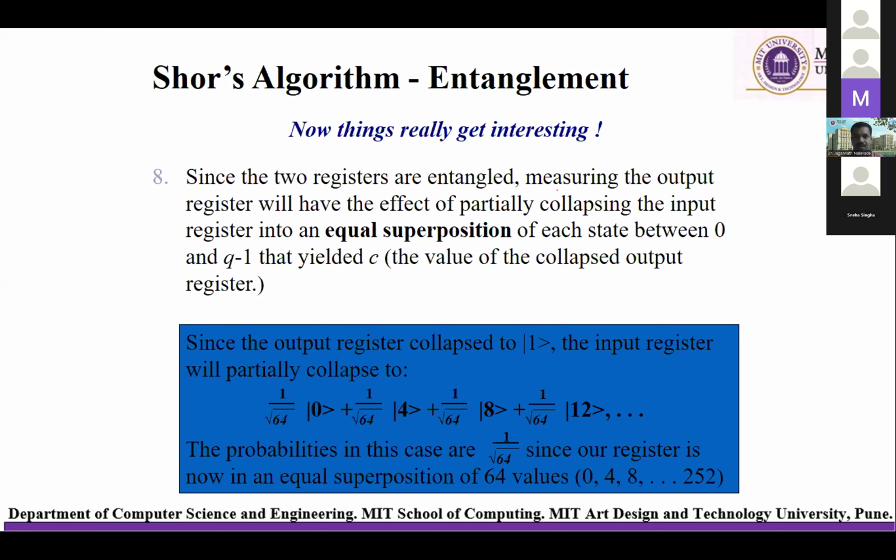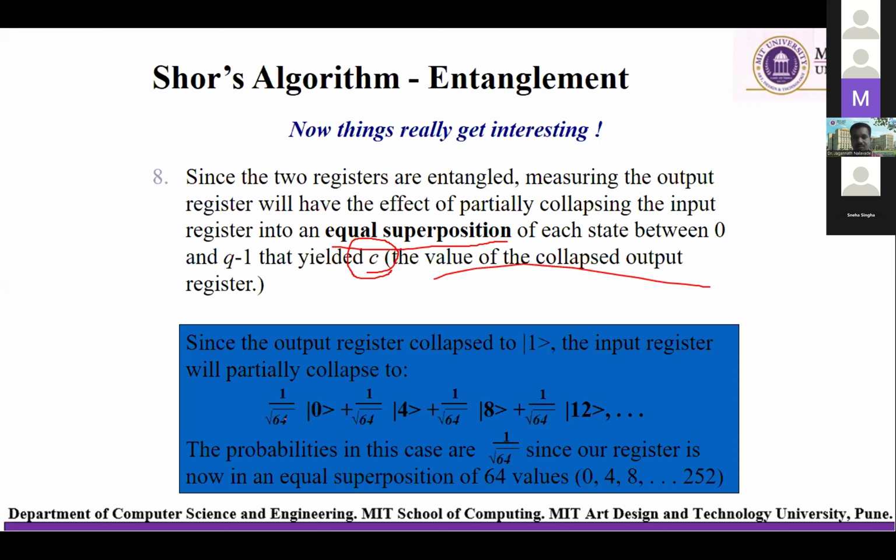Because they are entangled, they have equal superposition of each state between 0 and q minus 1 that lead to C. Since the output register collapsed to 1, the input register will be partially collapsed, with amplitude 1 by 64.